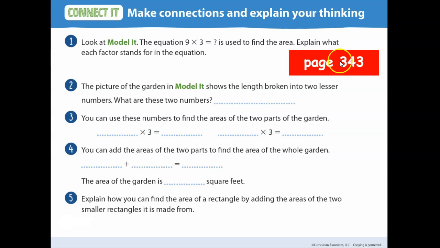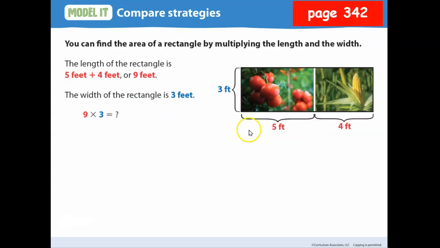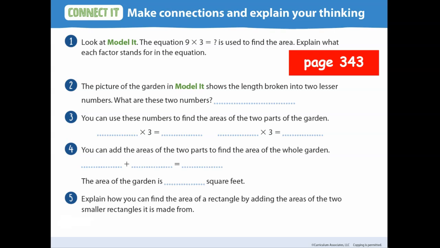All right, so now this is page 343. It says, look at the model. So we're looking at this part right here. 9 times 3, we said, is used to find the area. In the picture of the garden and model, it shows the length broken into 2 lesser numbers. What are the 2 numbers that were broken up? 5 and 4, yes.